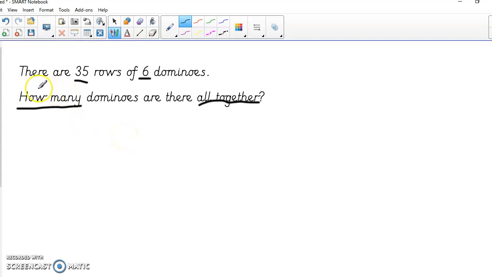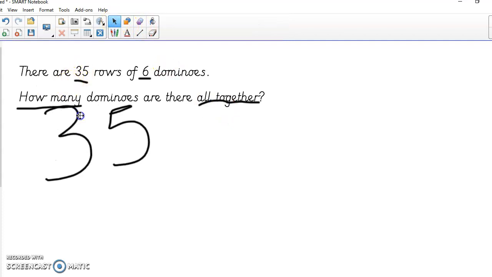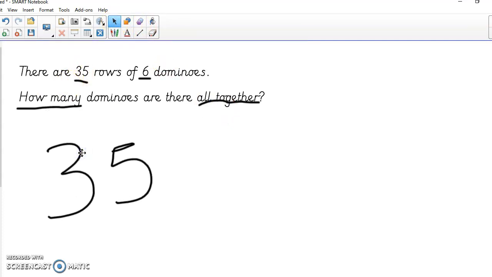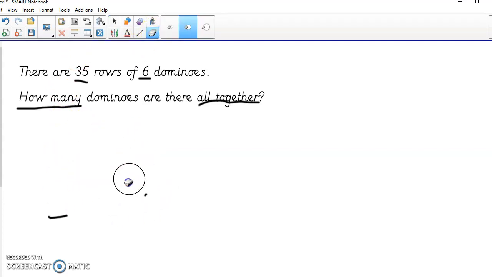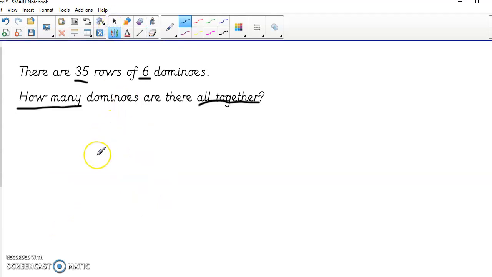So I'm going to write 35 multiplied by 6.